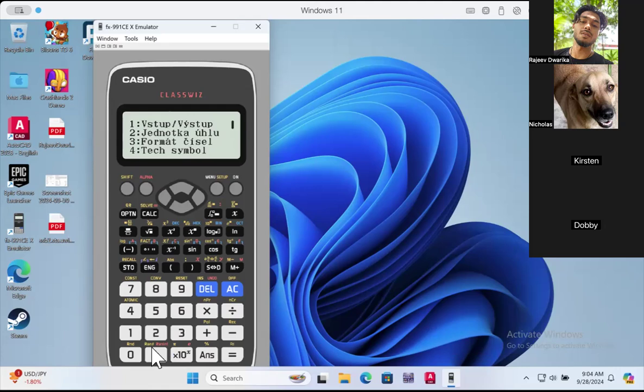If you have a real Casio or not. I think I have a real Casio. I mean, I bought it from a bookstore.